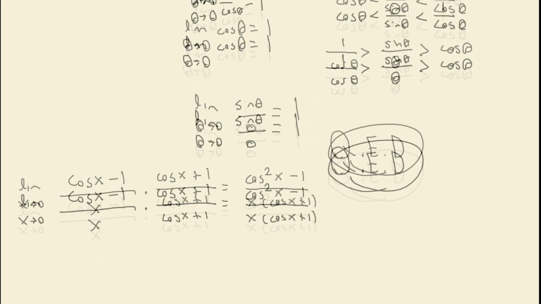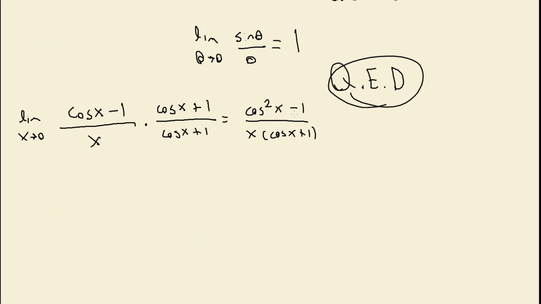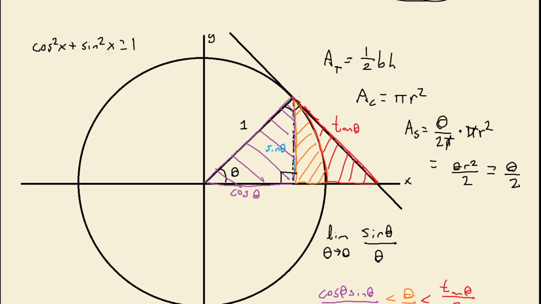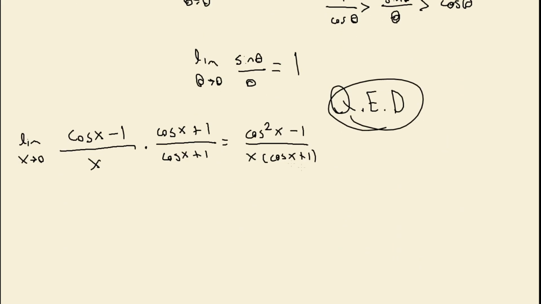Here in our numerator, we have cosine squared x minus 1. So if we play around with this, we get that cosine squared of x minus 1 is equal to negative sine squared of x. So we can plug that in there. This is equal to negative sine squared of x over x times cosine x plus 1.